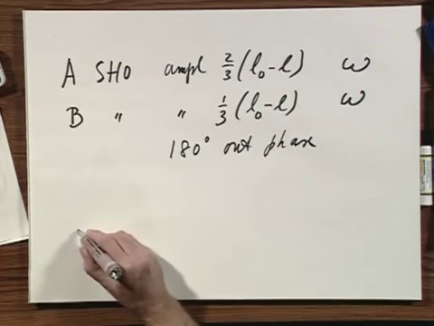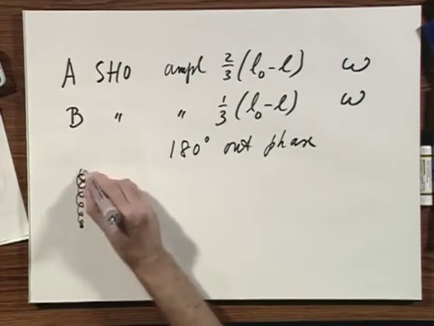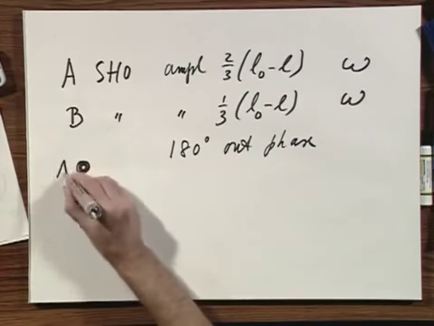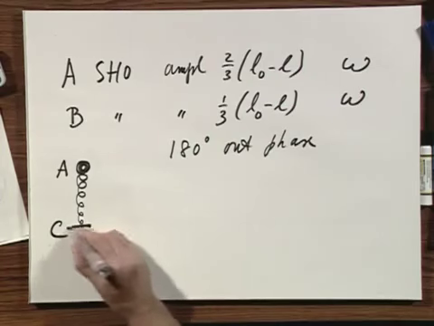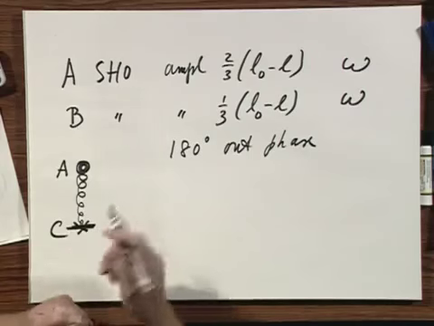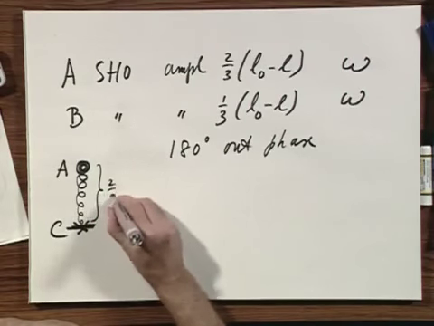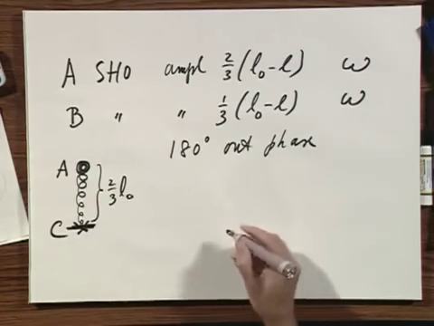Well, I think of this as one spring where A is attached to it, and here is C. I cut the spring here. I can do that. C is clamped. I can put C in a vise, and this length is only 2/3 of the total length in its relaxed state.